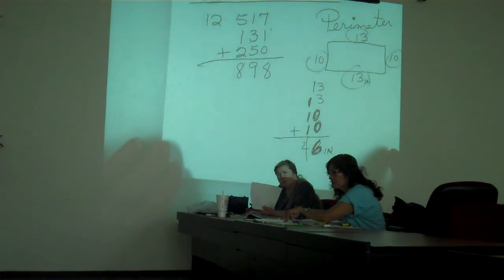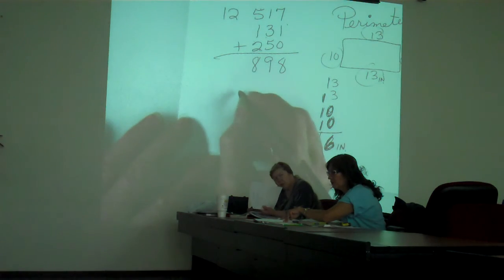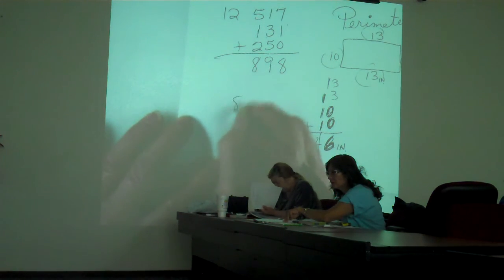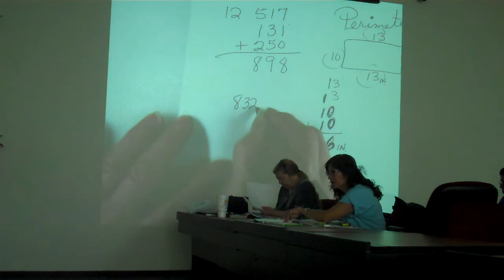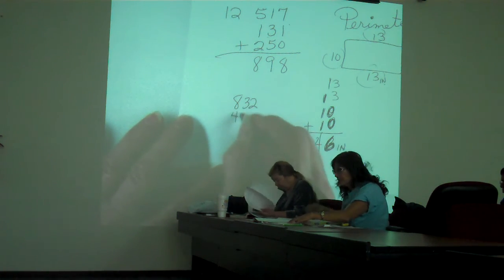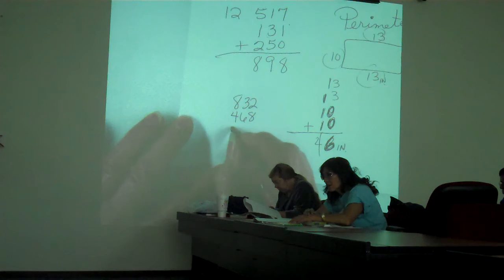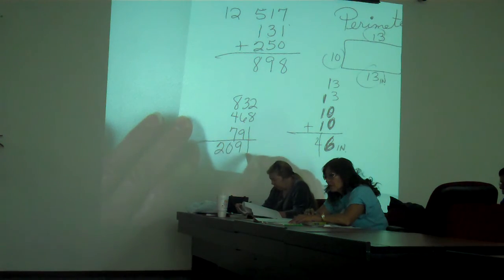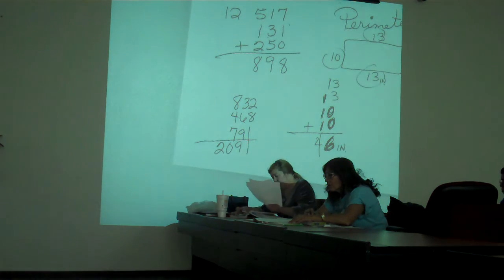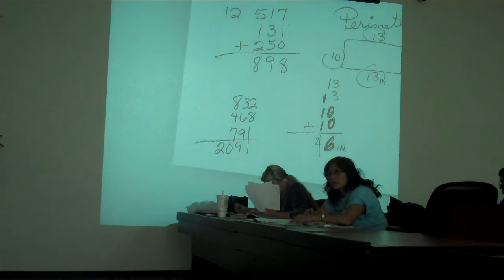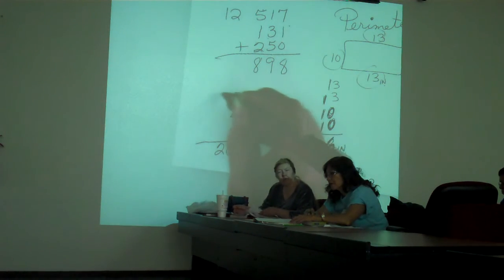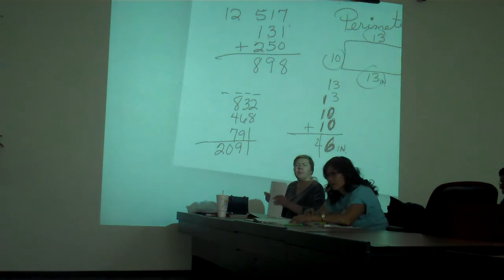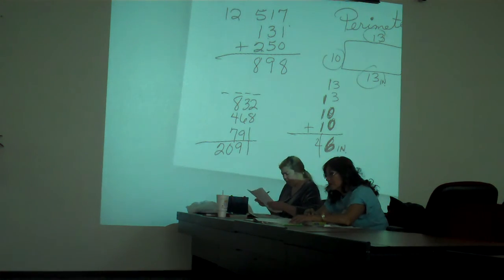Okay, go ahead. So you have a problem like number 61 that says 832 plus 468 plus 791, and they have an answer of 2091. It may be right and it may be wrong. So if it's right, after you check it, you just put correct. If it's wrong, you can put what the right answer is.